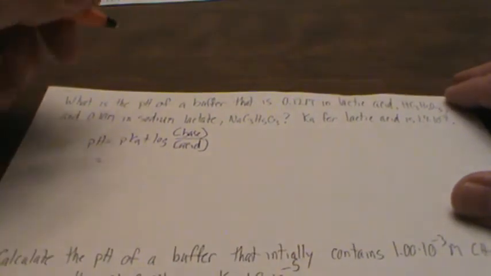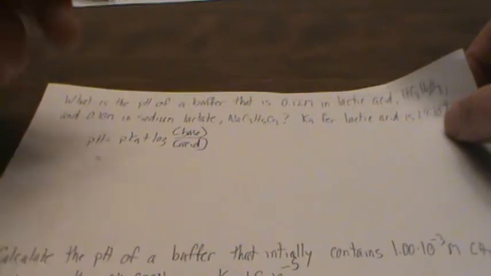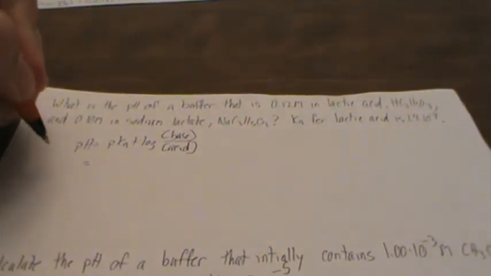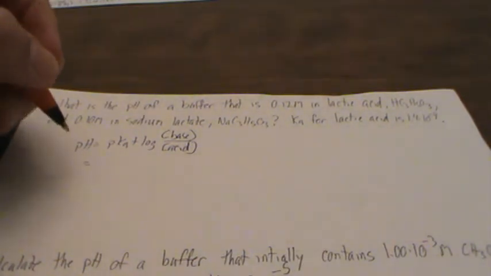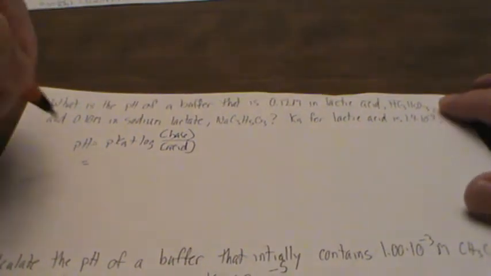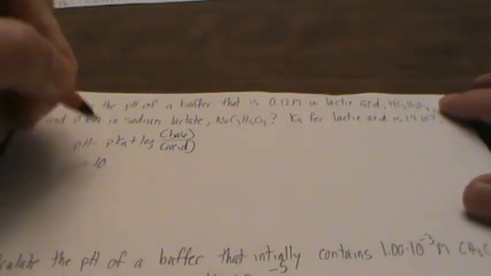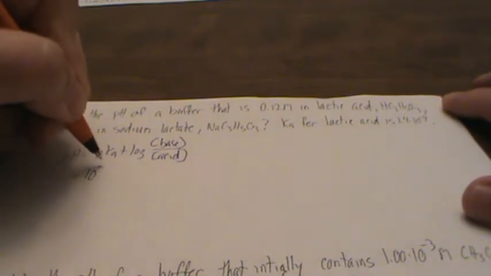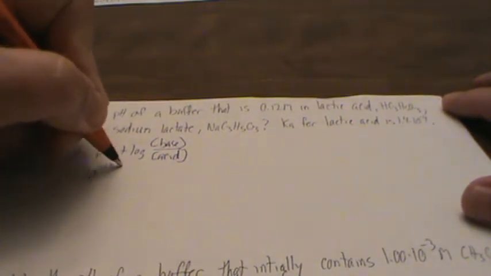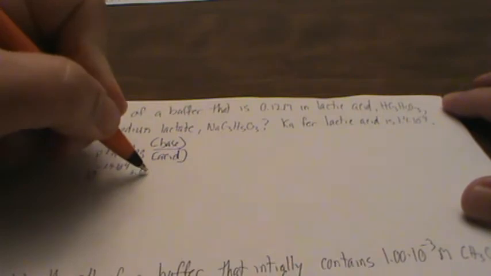Okay, pKa. Well, how do we find the pKa? We take the anti-log. So the pKa, the anti-log would be 10 to the negative 1.4 times 10 to the negative fourth, plus the log.